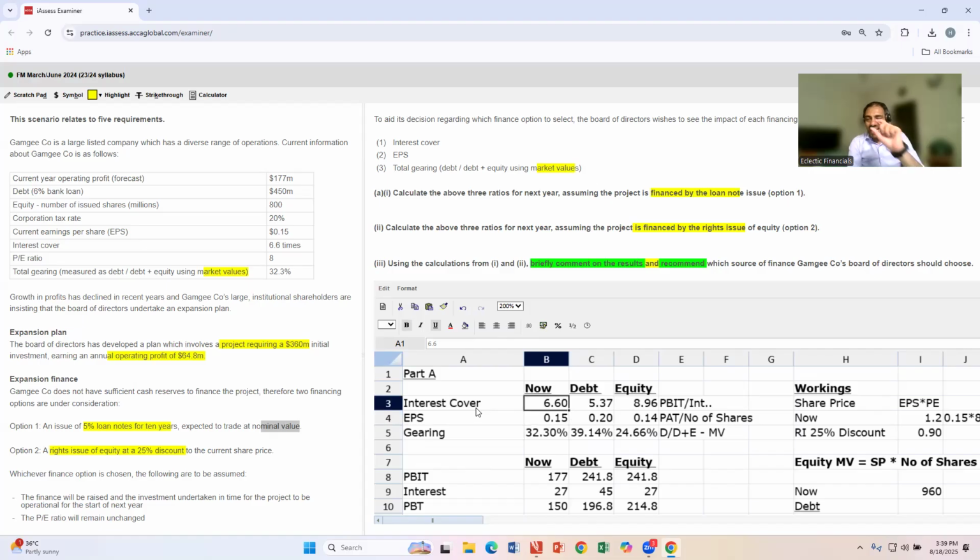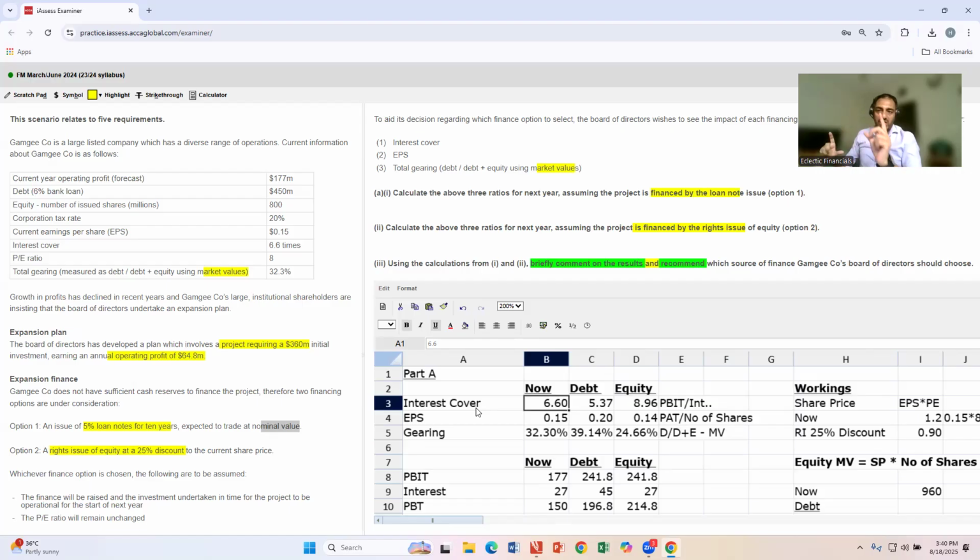Students, quickly, interest in gearing with the new project, it's about financial risk. EPS is about return. So if any investor wants to finalize the decision, a very important thing to consider is return versus risk.